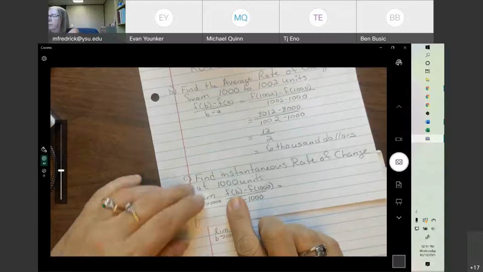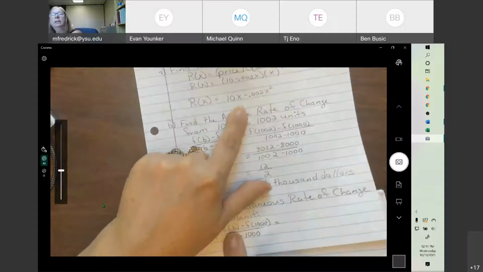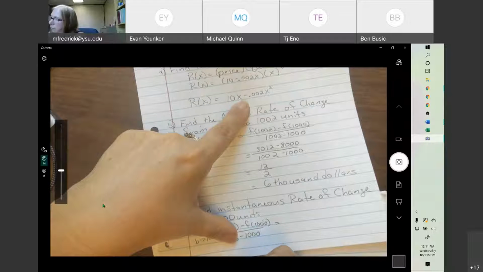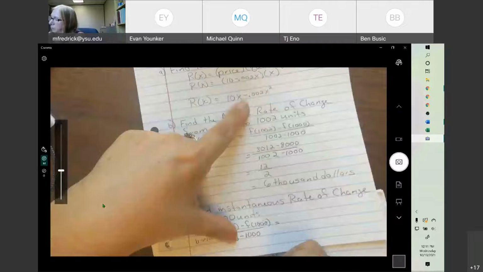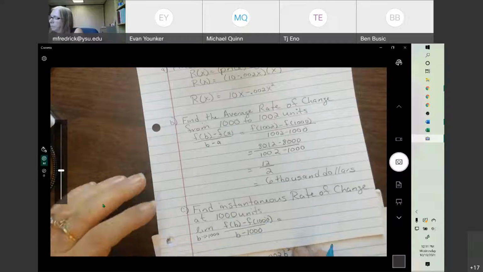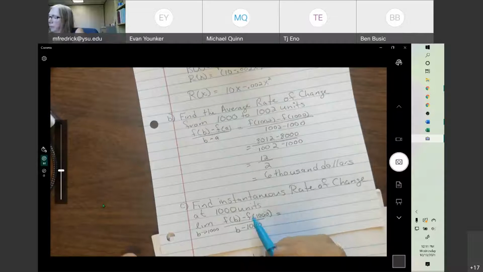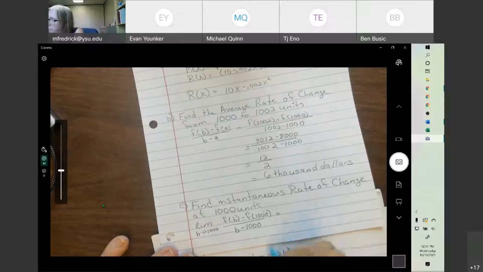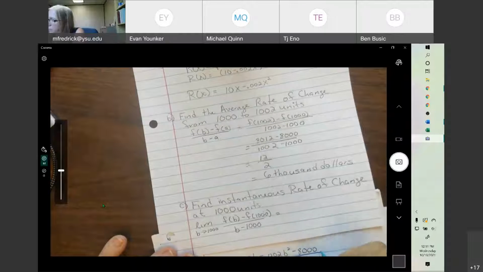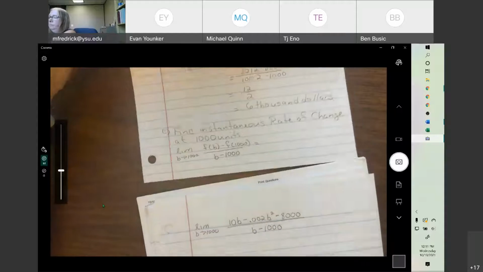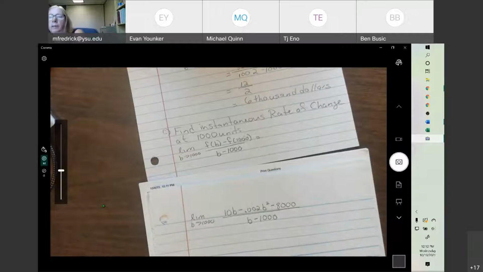F of b, equation's right here, 10b minus 0.002b squared minus f of 1,000 was 8,000. All over b minus 1,000. Any questions so far?